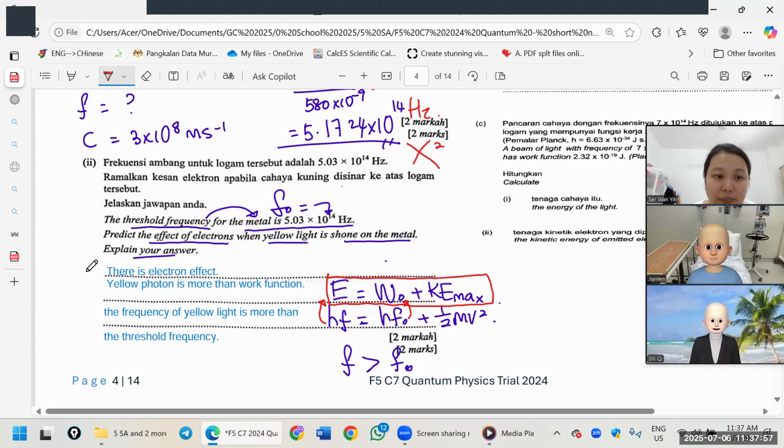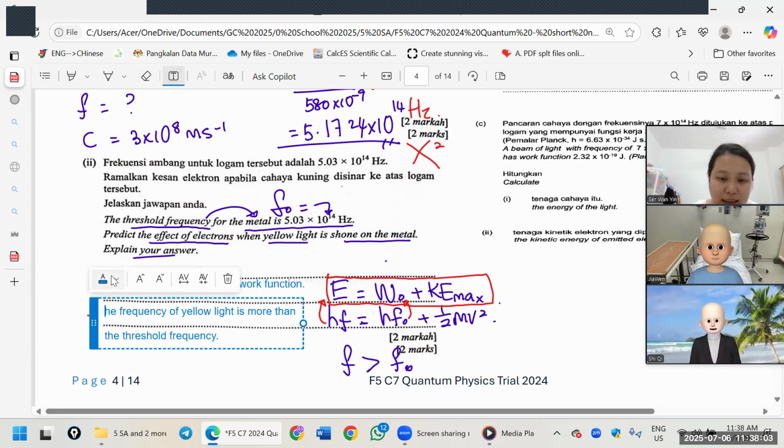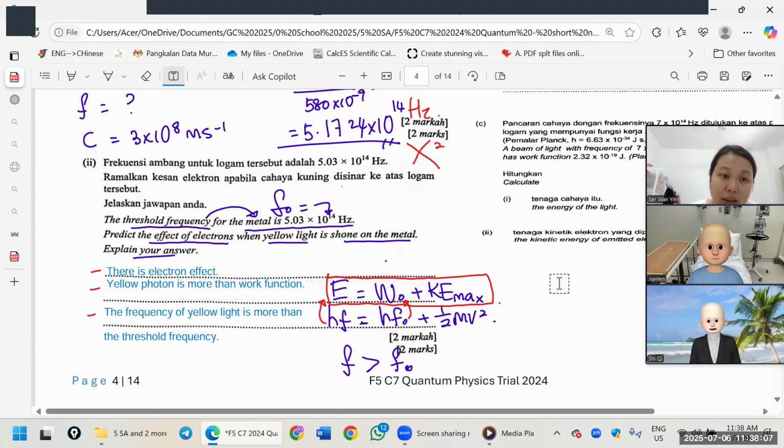So you can get the idea how to answer this. You either say photon energy is more than work function, or you say frequency of yellow light is more than threshold frequency. That's it.